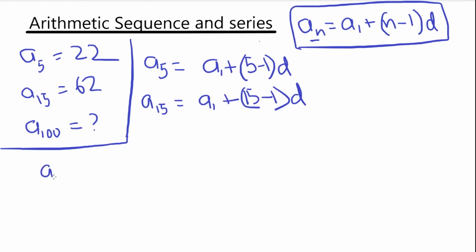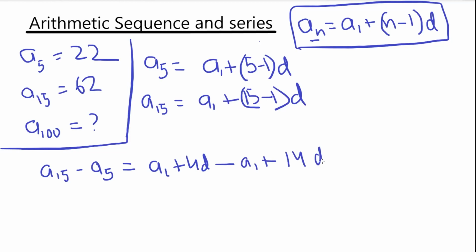So a15 minus a5 will give a1 plus 14d minus a1 plus 4d.